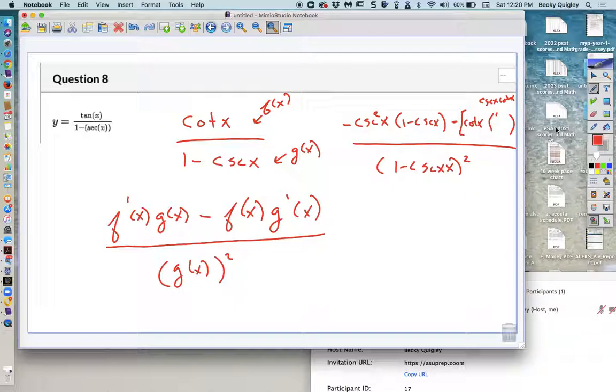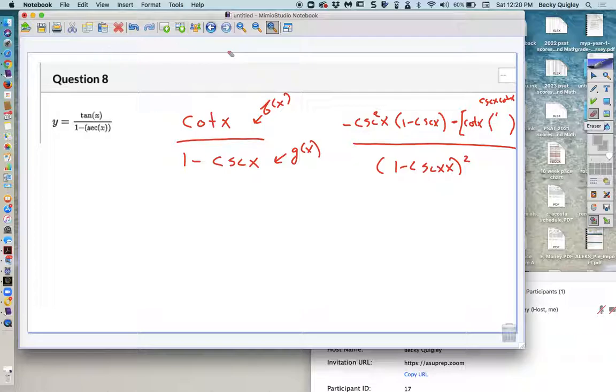So let me get that out of the way a little bit. Okay, so we have negative cosecant squared x times 1, and then we have positive cosecant cubed x, and then minus cotangent x times cosecant x times cotangent x again.